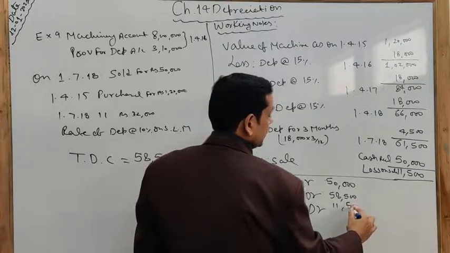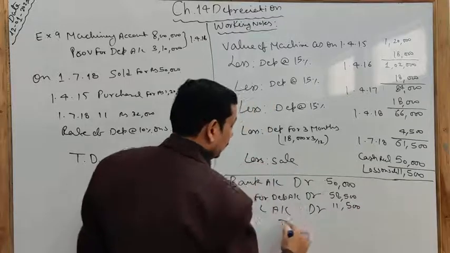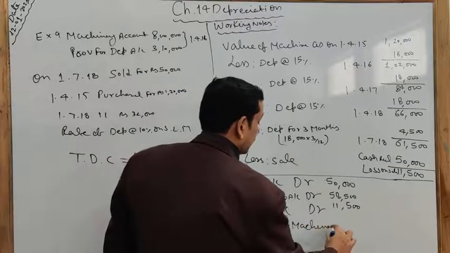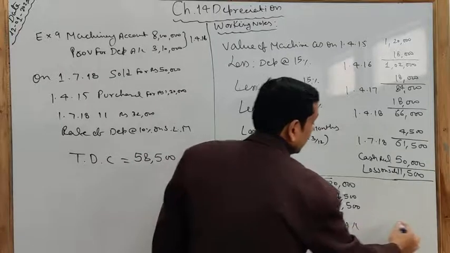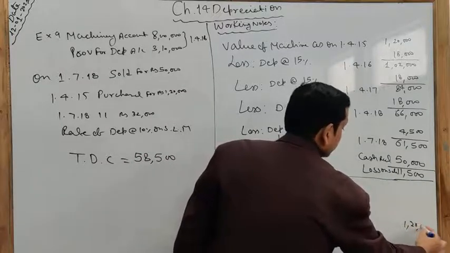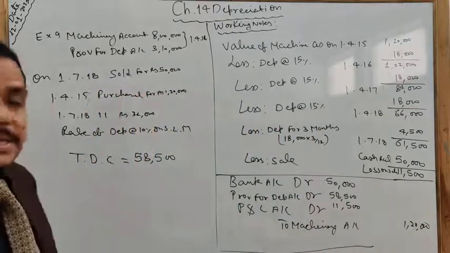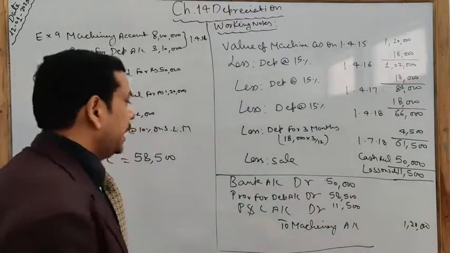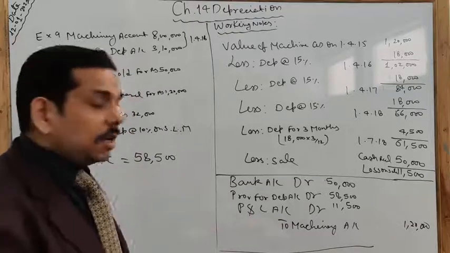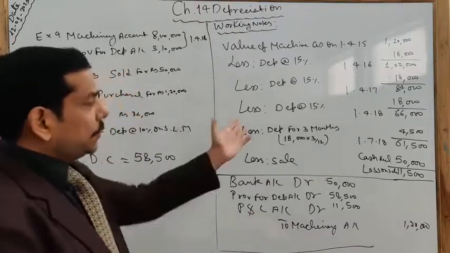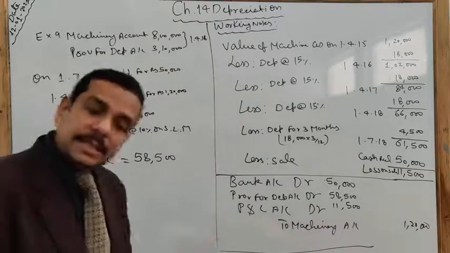Loss on sale of machine is 11,500. To machinery account, that is 1,20,000. Write down the narration: being the machinery sold and the loss occurred on the sale of machine recorded. In this way, you have to make working notes and you have to pass the journal entry.